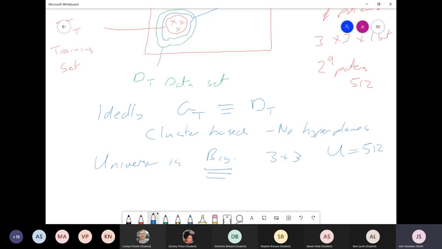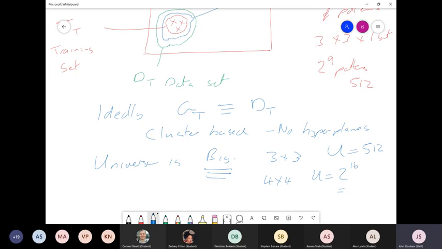If I go to 4 by 4, U is going to be equal to 2 to the 16, which I think is 32,000, is it? Or 16,000. What's 2 to the 16?